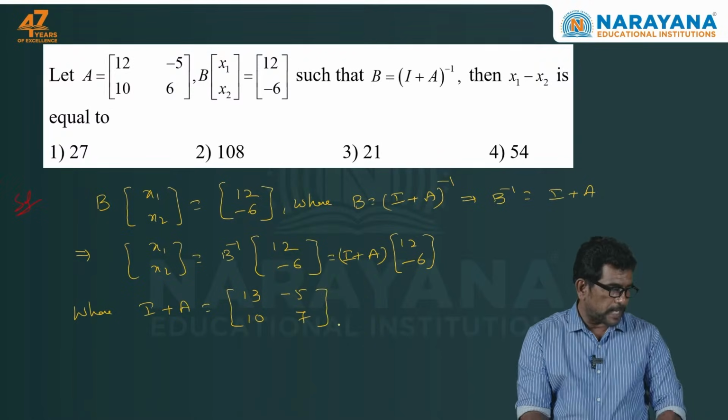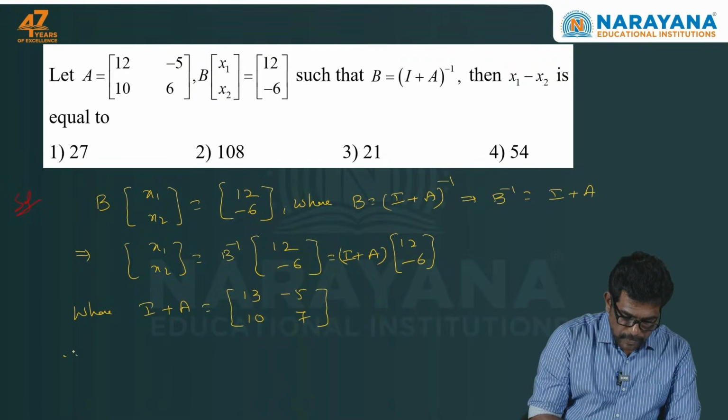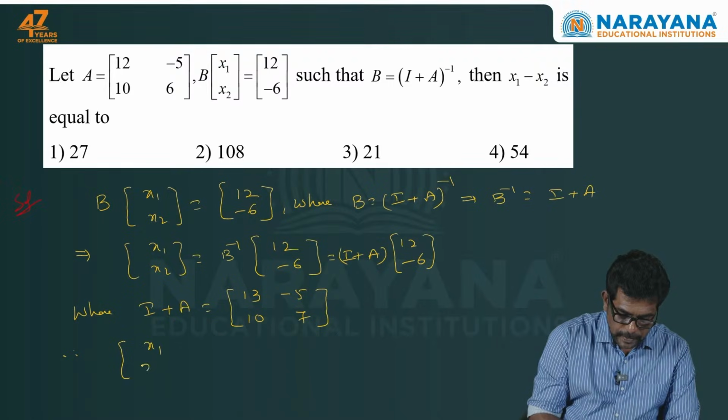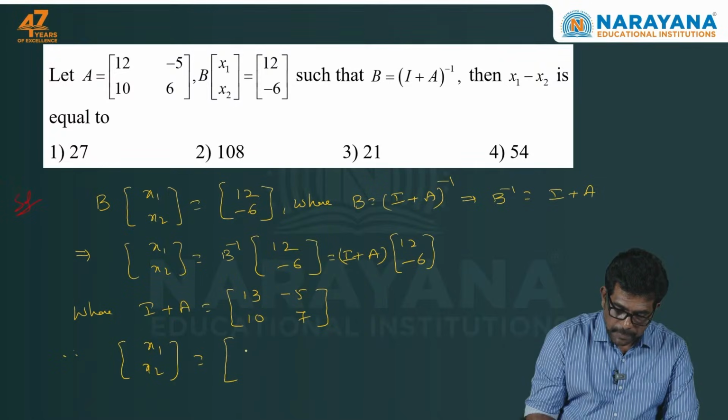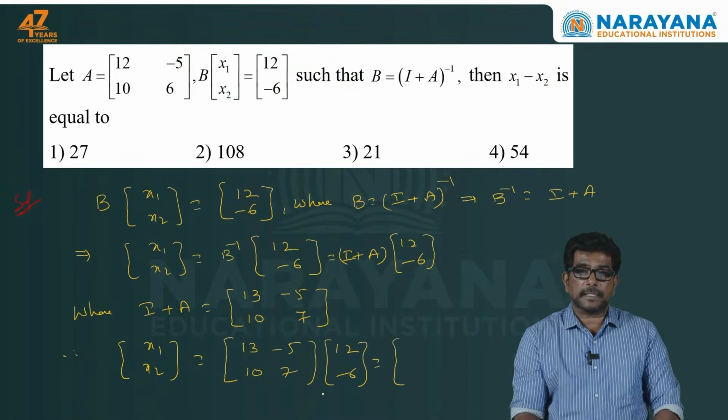Therefore, matrix [x1; x2] is equal to I plus A matrix, [13, -5; 10, 7], into [12; -6].